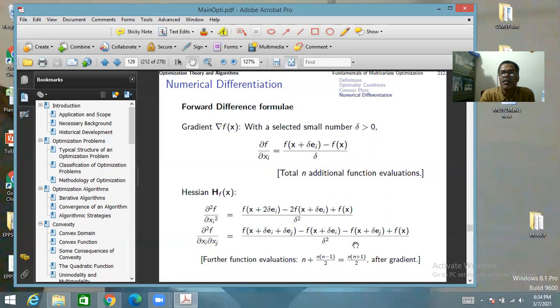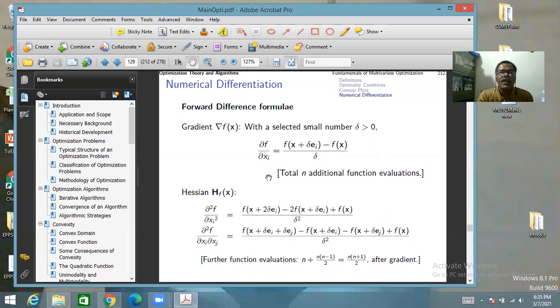Basically, this formula you can get by using one formula in the e_i direction and the formula in the e_j direction. You subtract those two and then divide by another delta. Then you'll get this. So after the gradient, this will require n values here and n(n minus 1)/2 values here. These ones are already known. So after the gradient, these many extra function evaluations you have to make.